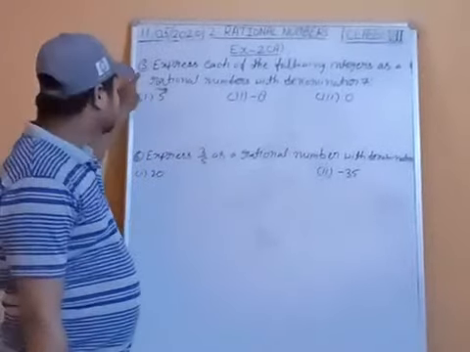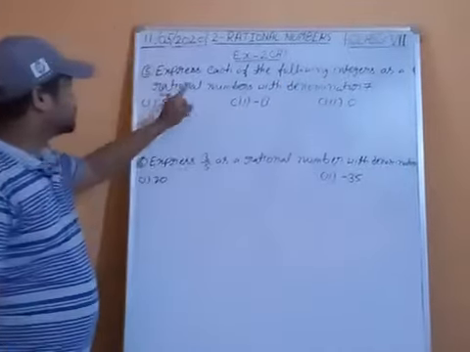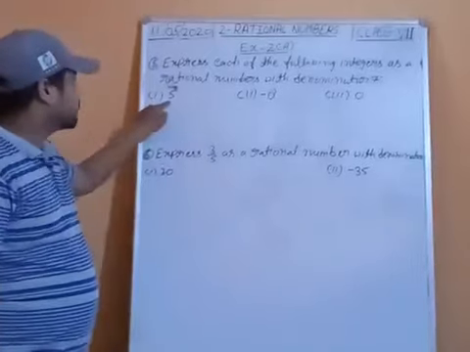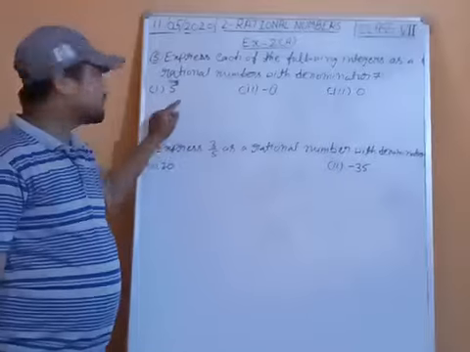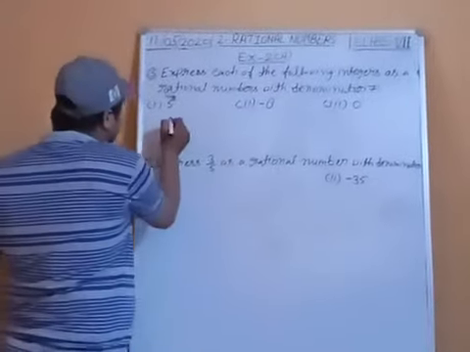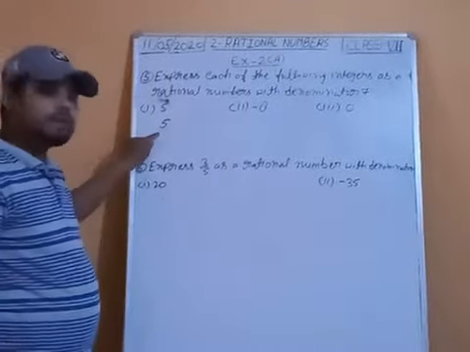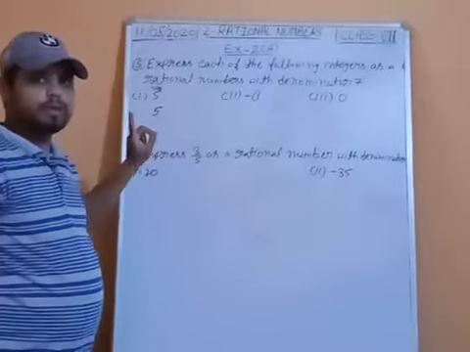Now the fifth sum: express each of the following integers as a rational number with denominator 7. We have to express 5 with denominator 7. What is the denominator of 5 at first? The denominator is 1.